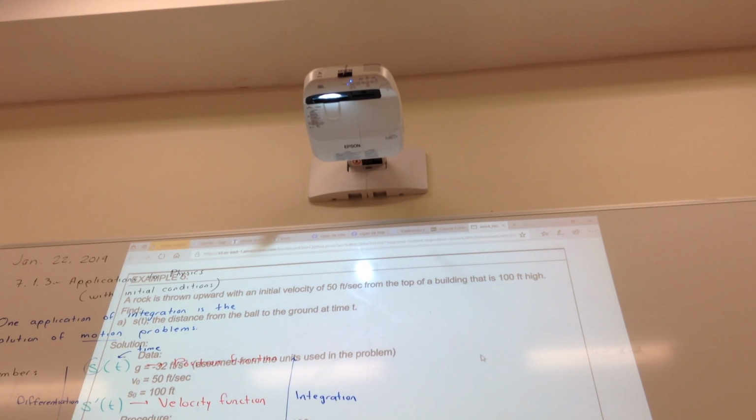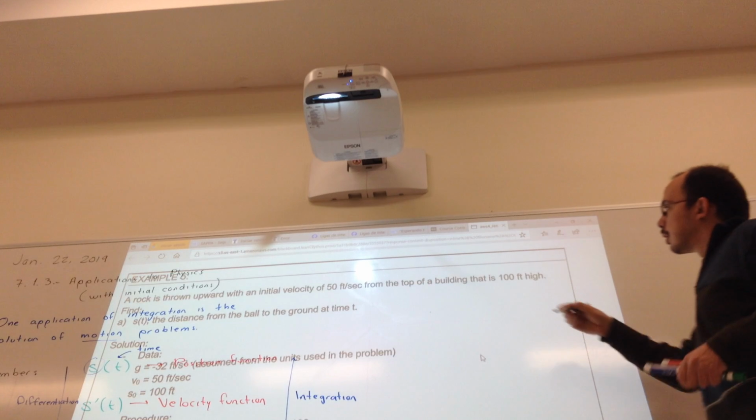Find, question A, s of t, the distance from the ball to the ground at time t. Do you understand what it means? It's basically a rock that is going to be thrown upwards and it's going to fall downwards, right? Initial velocity of 50 feet per second, initial height of 100 feet.